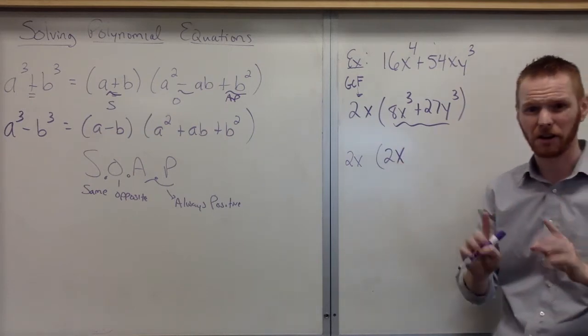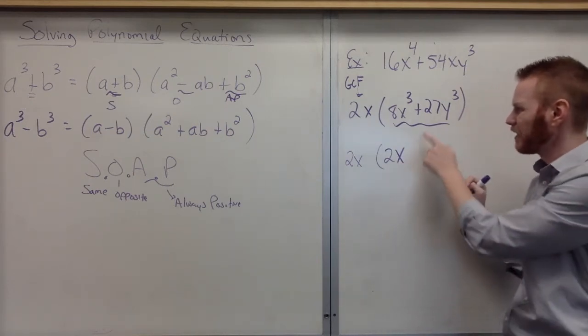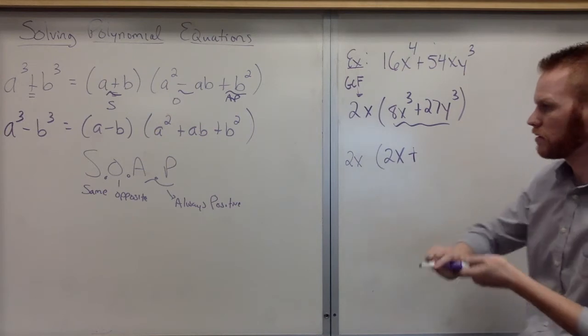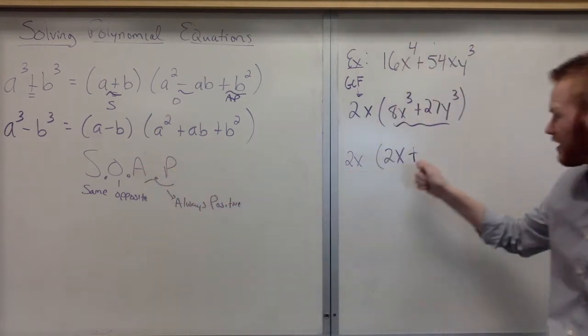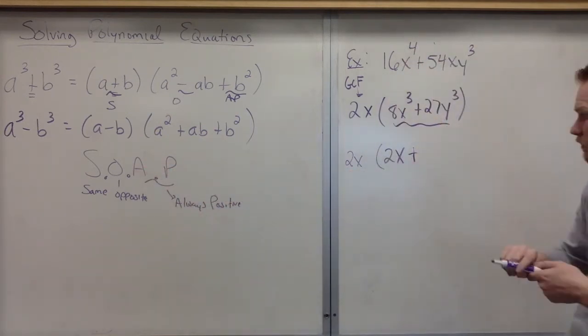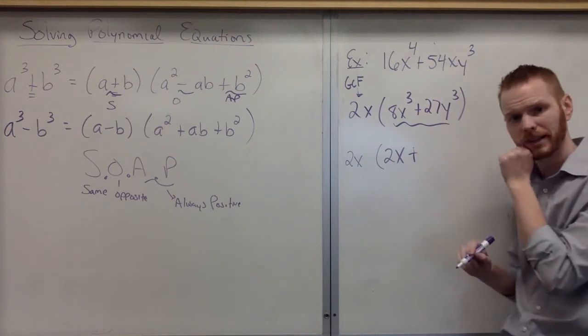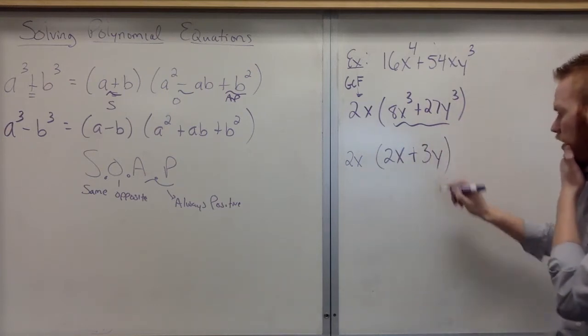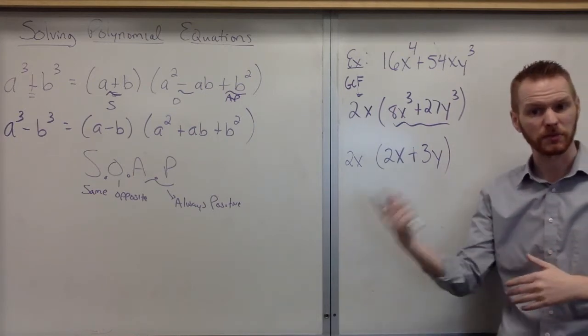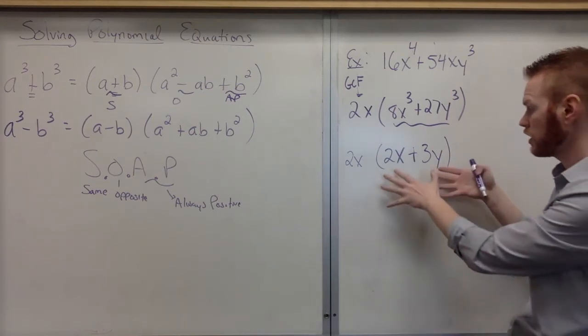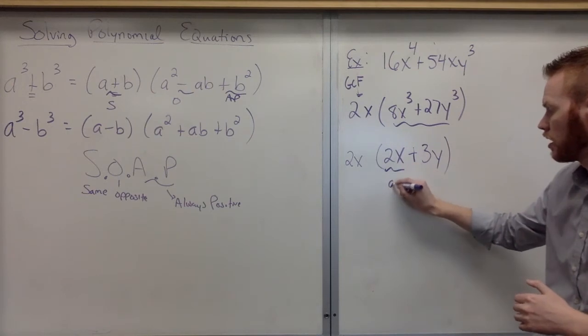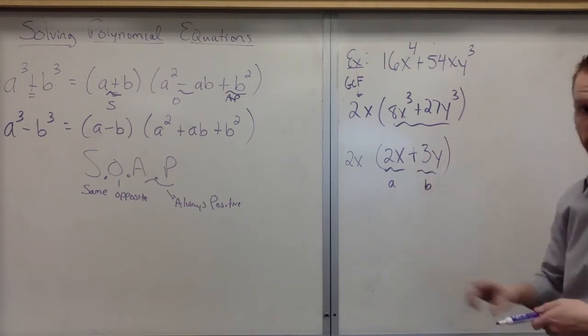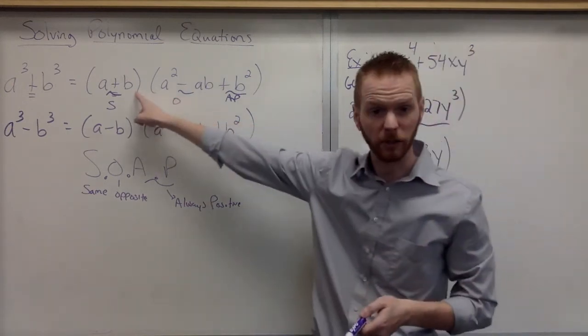Now, using SOAP, the sign's going to be the same, right? What number do I multiply by itself 3 times to get 27? It's going to be a 3, and then y we would multiply by itself 3 times to get y cubed. Okay, so this part is your a plus b value. That's this guy over here.